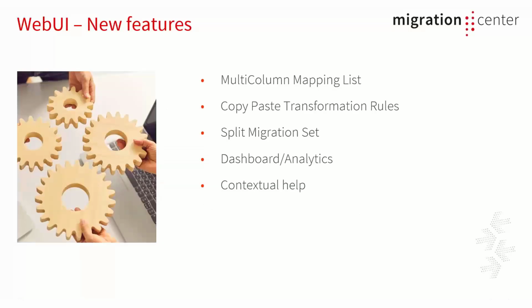Some of the new features I want to mention is the multi-column mapping list. What that means: the mapping list is a feature that is widely used during the transformations. So we now let the user define one key value for a mapping list and up to 10 value columns.